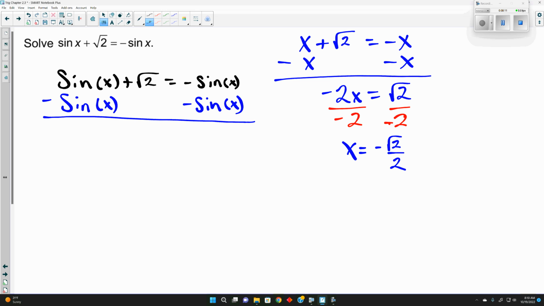And what that'll tell us is that the square root of 2 is equal to negative 2 sine of x. I just didn't flip it like I did on the first one, but it's the same thing, yes?